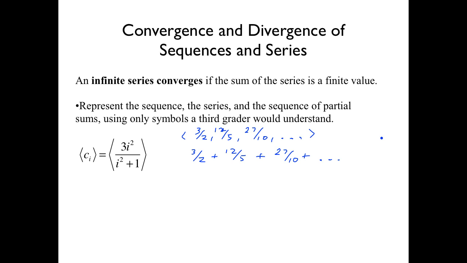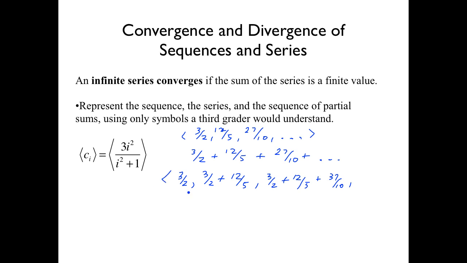Okay, sequence of partial sums. Logan. Okay. 39 tenths. Where did you get 39 tenths? From adding up the 3/2 and the 12. I'm going to write it out that way. Is that okay? Yeah. All right. Next one. And then the third term would be 3/2 plus 12 plus 37 tenths.